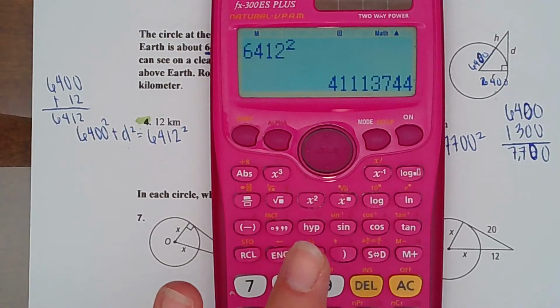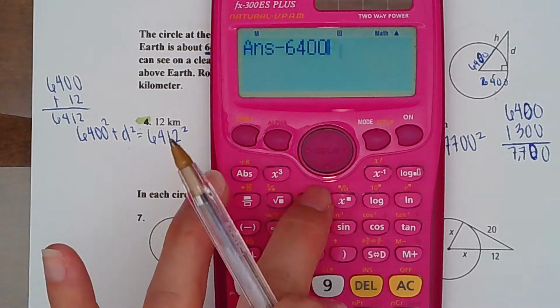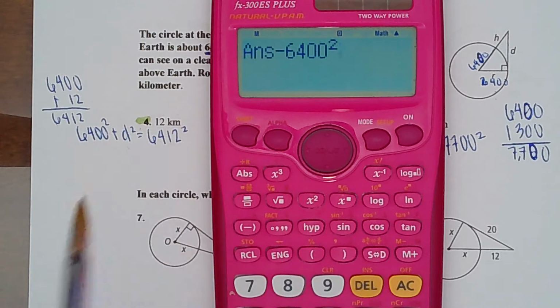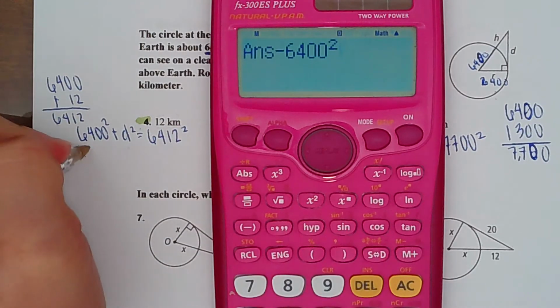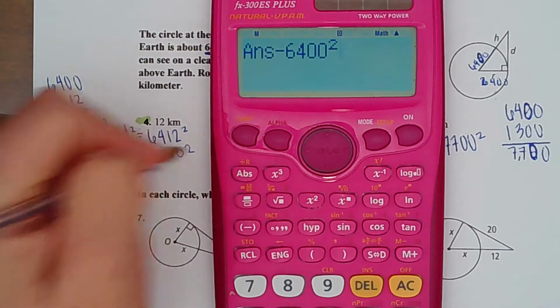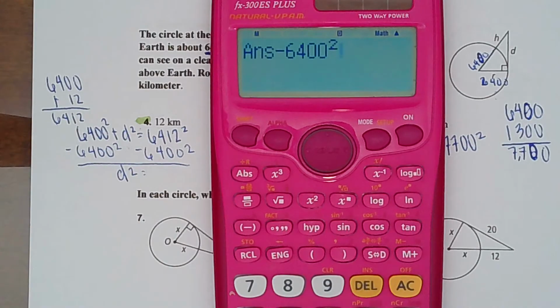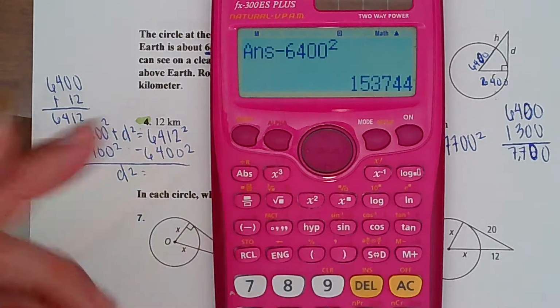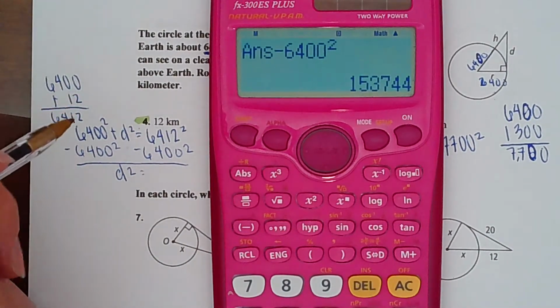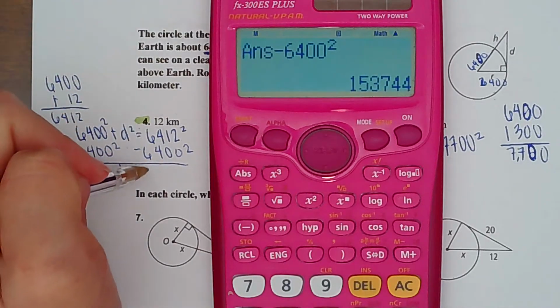So I'm going to subtract 6,400 squared, because in essence, I'm subtracting 6,400 squared from 6,412 squared. I'll be left with D squared equals a number. I'll hit enter, and I'll get this big number, 153,744.